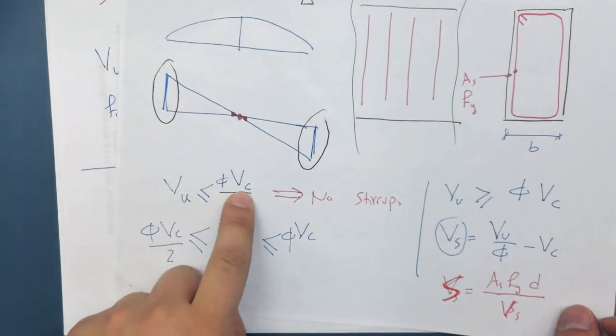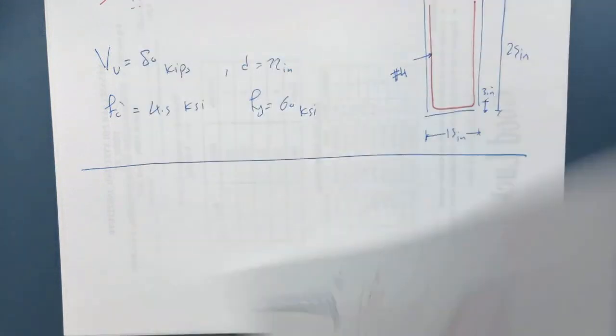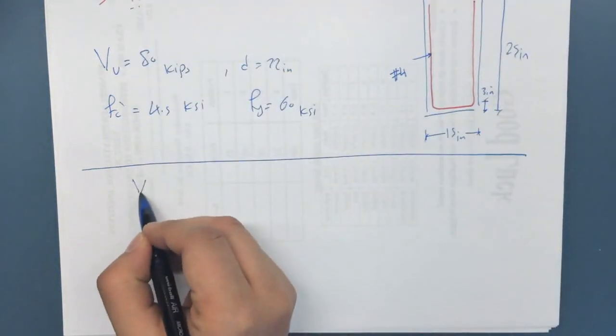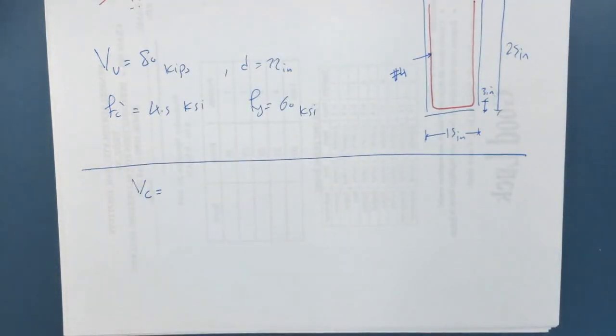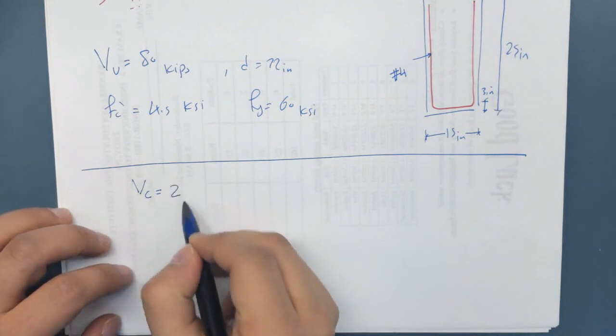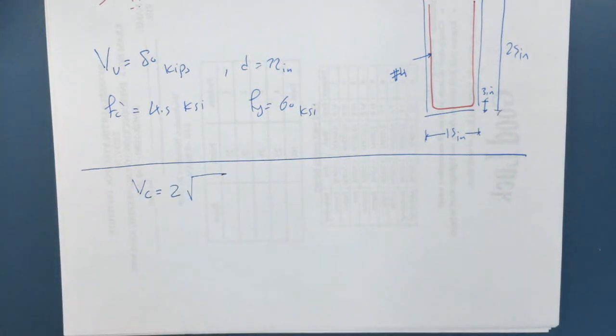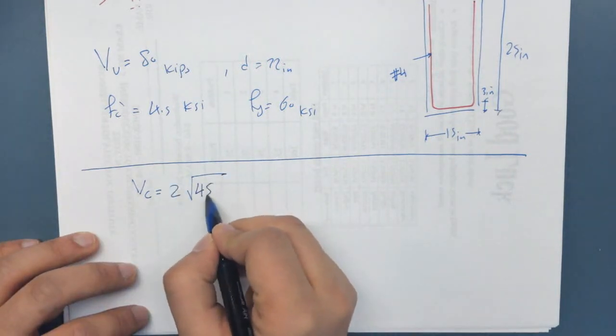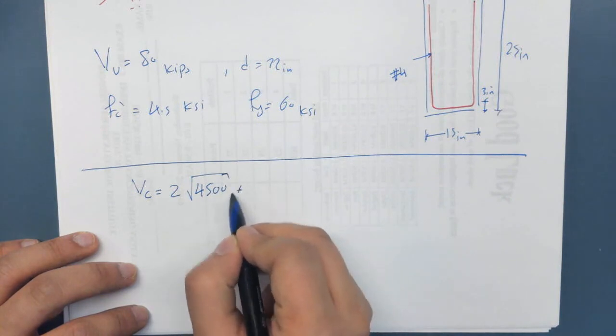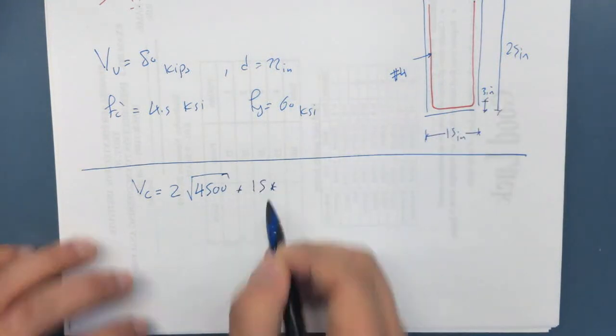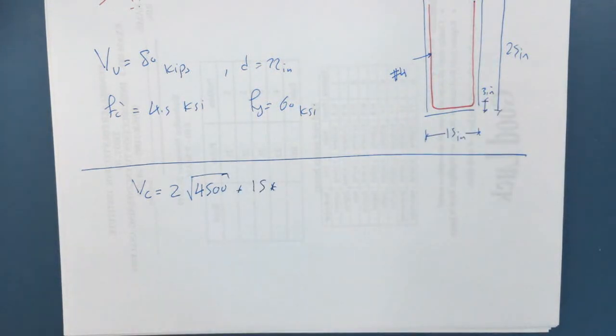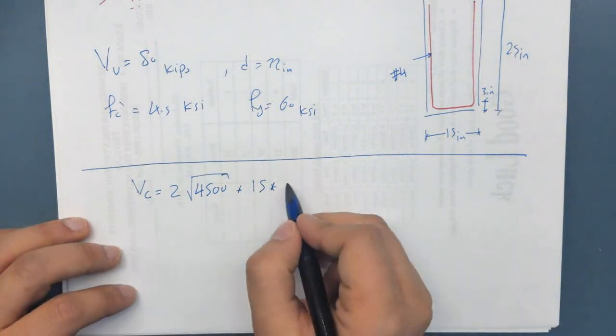Okay? So first I'm going to calculate what's Vc. So Vc, based on the equations that you'll be given, is equal to this formula over here, 2 square root of fc prime, where under the square root we use the psi units, multiplied by b, which is 15, multiplied by d, which is equal to 22.